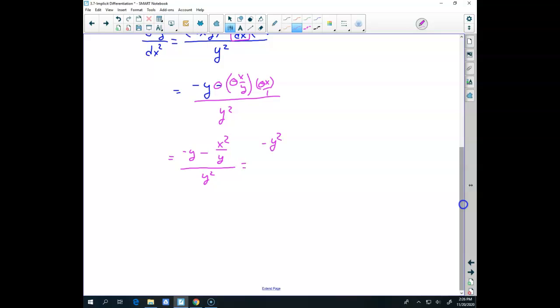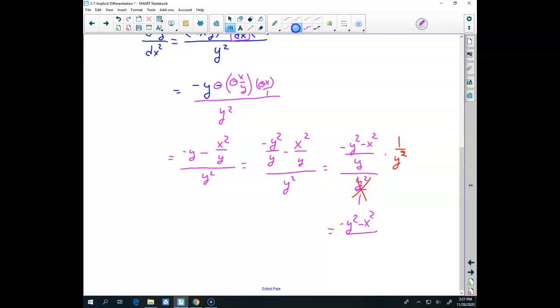That's going to be a negative y squared over a y minus an x squared over a y squared, which technically is negative y squared minus x squared over y squared, which is over 1. Remember, we're going to multiply by the reciprocal here on a complex fraction. So what do I get? I get negative y squared minus x squared over y to the third.